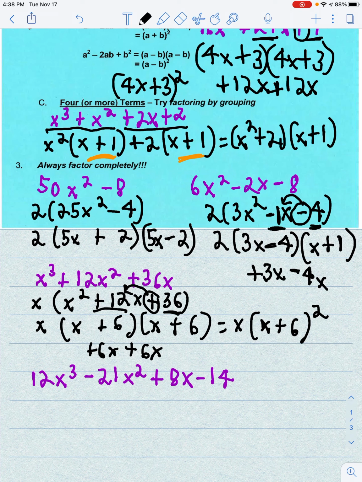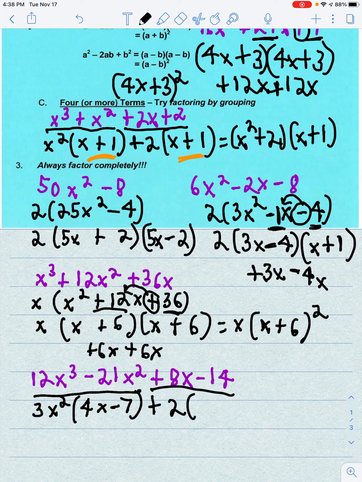Last problem. I have 4 terms I'm going to factor by grouping. So numerically, it looks like I can pull out a 3x squared, which leaves me with 4x minus 7. And for the last 2 terms, it's positive, so I'm going to pull out a positive 2, which also leaves me with 4x minus 7.